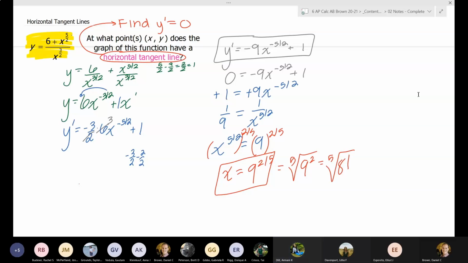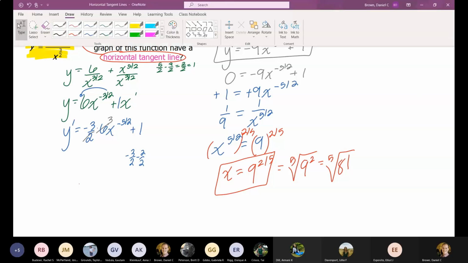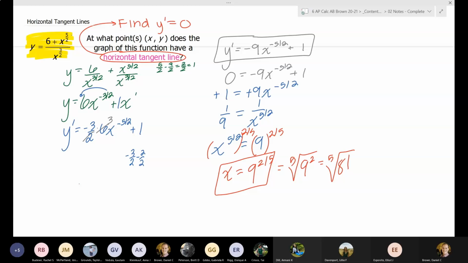I'm going to be lazy, but the question does say at what points (x, y) does this function have a horizontal tangent line? So yes, I probably should answer the question that I wrote. And if I am solving this, again, we can leave things unsimplified in my class. So there's the x. How do I find the y coordinate? I can just plug the x into the original function.